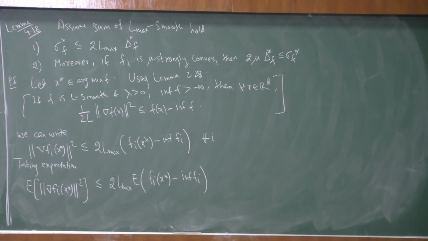Then you will be left with just the expectation of grad fi(x star), and then we will have the upper bound with 2 L max, and then we will get the final thing. Yeah, let us do it here.